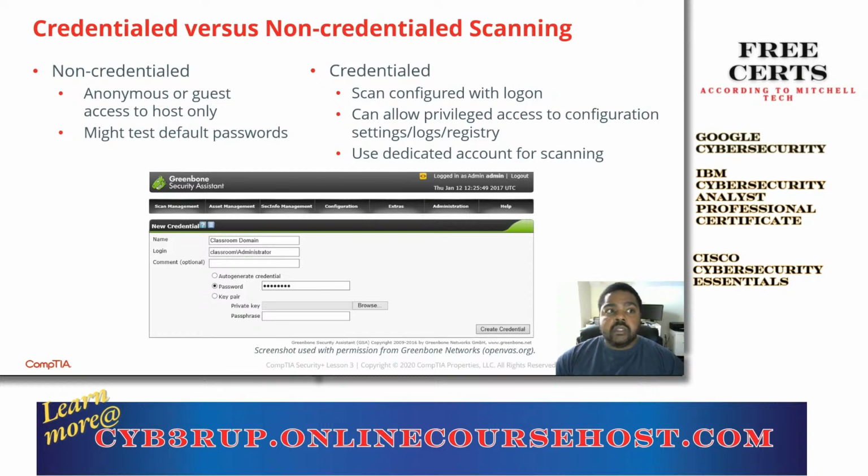When running vulnerability scans on your network, you have the option of a credentialed or non-credentialed scan. That means we can preload those administrative passwords into certain folders, documents, or applications on the network. So whenever the vulnerability scanner is scanning, it doesn't check that part.